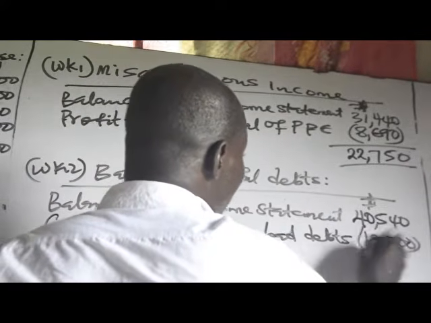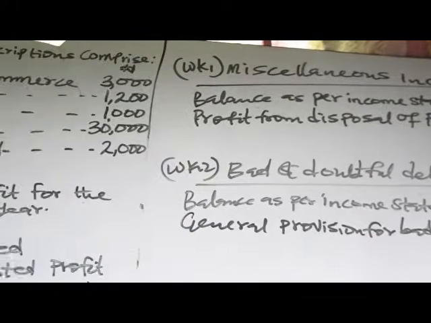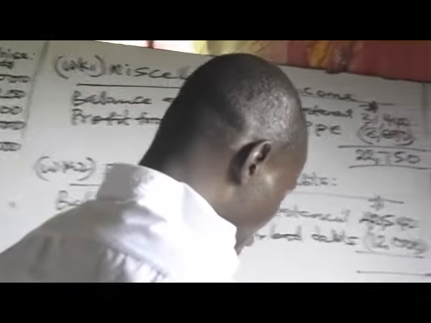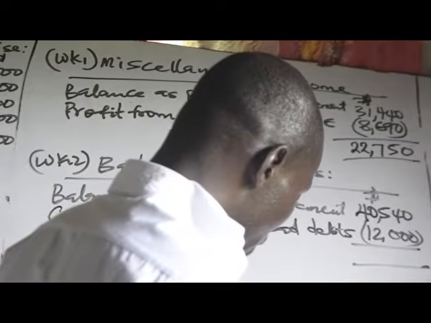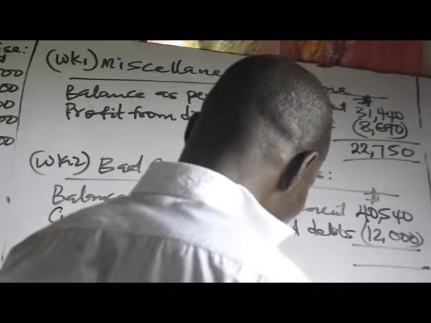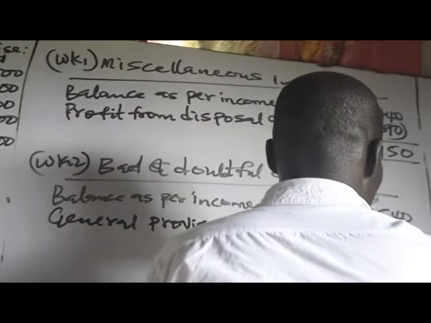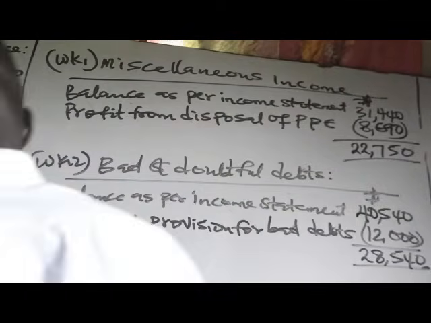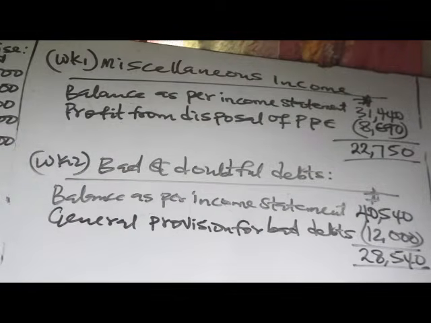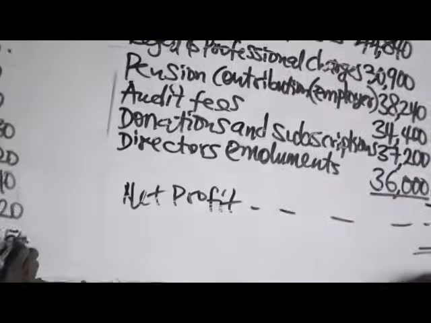You remove that from 40,540. 40,540 minus 12,000, then you have 28,540. That is the amount that will be allowable for tax purpose.